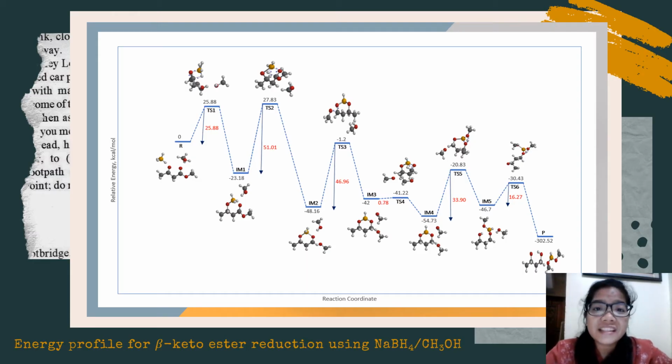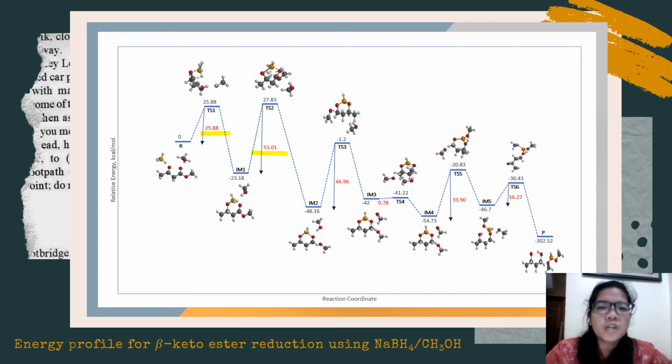Since we calculated the activation energies of each step in the sodium borohydride in methanol system, we can now have the energy profile for the beta-keto ester reduction. As we can see in the figure, the energy barrier to ketone reduction is computed to be 25.88 kilocalorie per mole, whereas for ester it is 51.01 kilocalorie per mole.